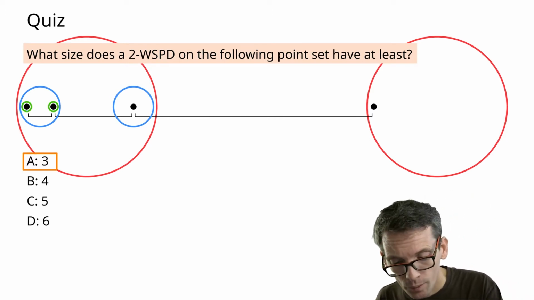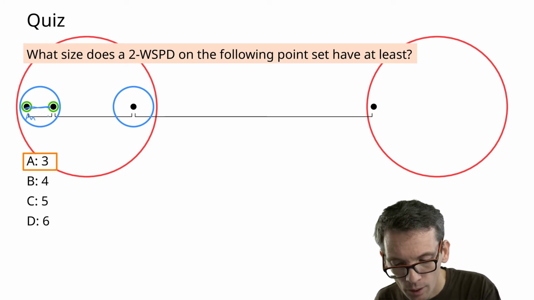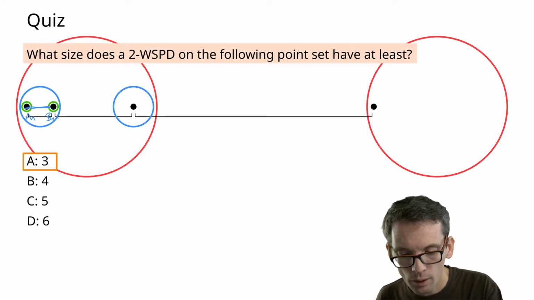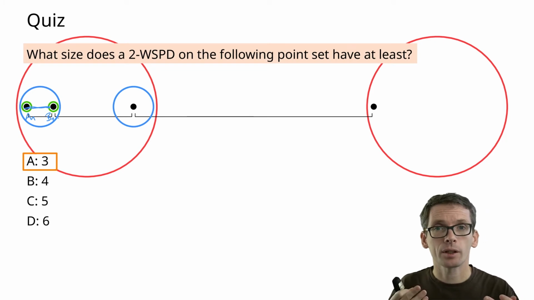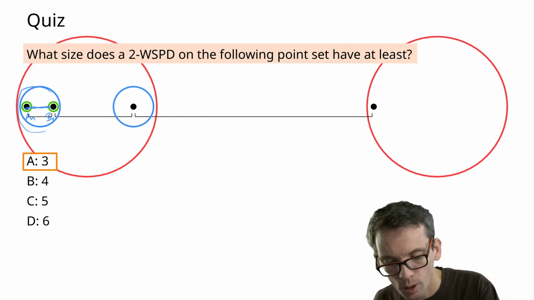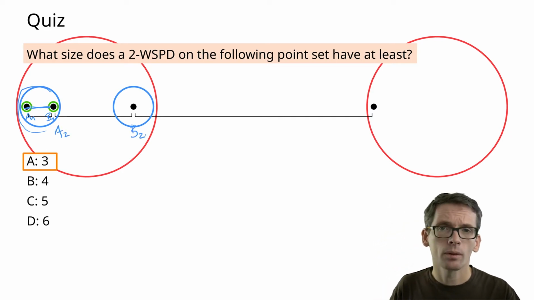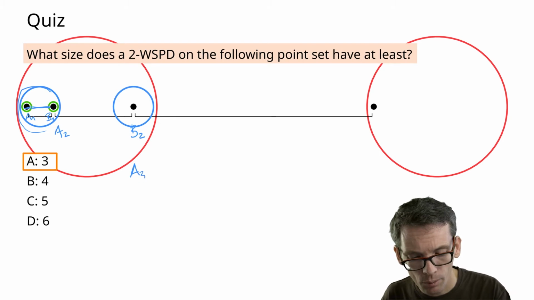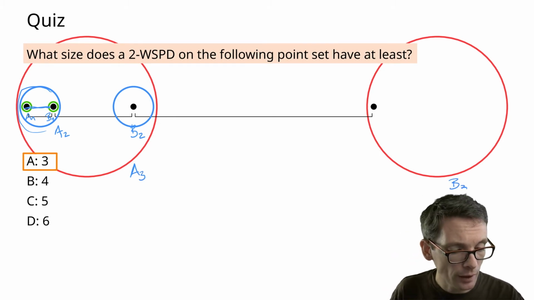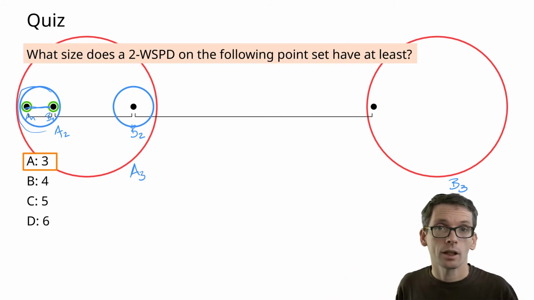So for these two, I just have this pair A1, B1. Those are difficult to separate, so I just take the singletons. But now I can group those 2 points. Let's call them A2 and make this one B2. And this is A3. And that is B3. And I've covered this specific set of points with 3 pairs.